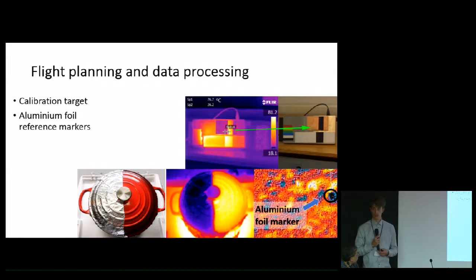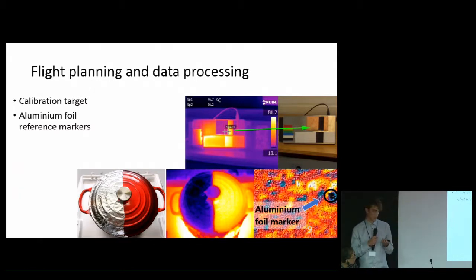So, some of the things that I'm trying to use to overcome these challenges. The first approach I'm using is a low-cost calibration target. Basically, I'm using something with a known emissivity, which is electric tape in my case, and I'm wrapping it in just a metal sheet.